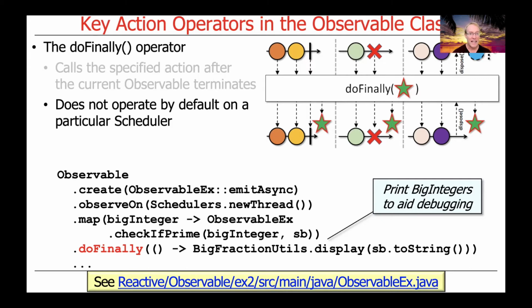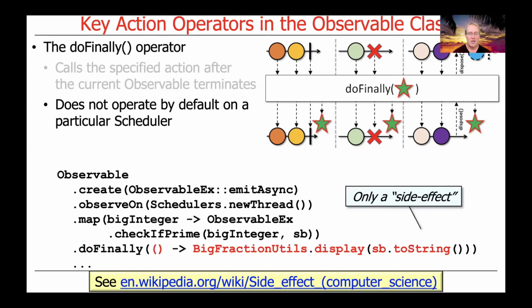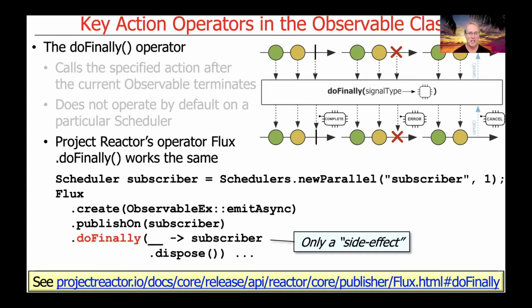And then finally, by using the doFinally operator, it will go ahead and print out some results to aid with debugging. As you can see here, what's passed as a lambda expression to doFinally is a method that will only have a side effect. There will be no changes whatsoever to what's happening in that chain of values going through the observable. Project Reactor has a Flux doFinally operator that works essentially the same way.